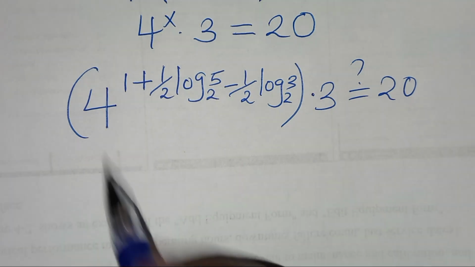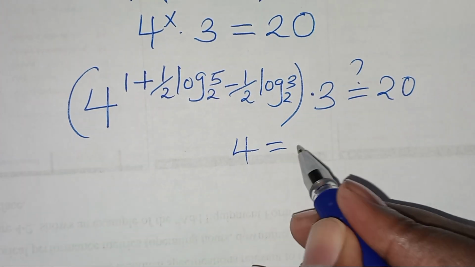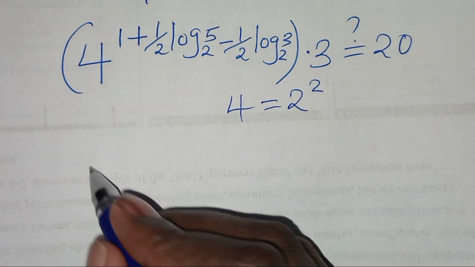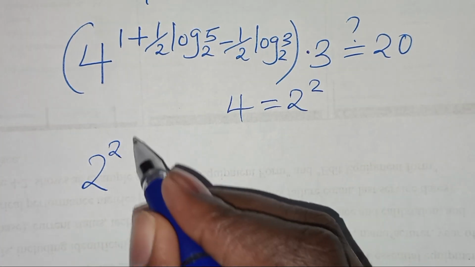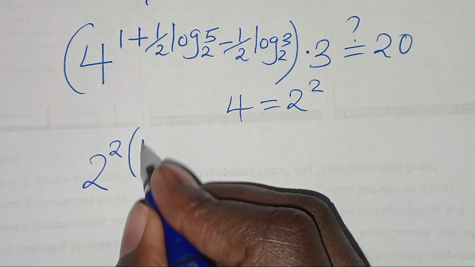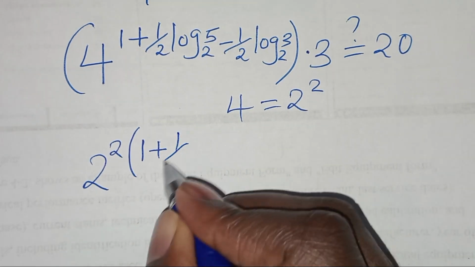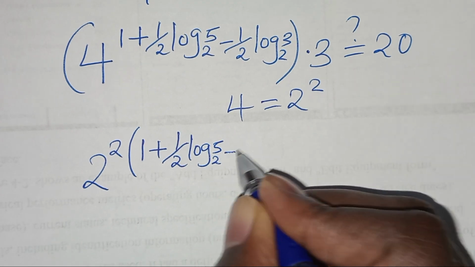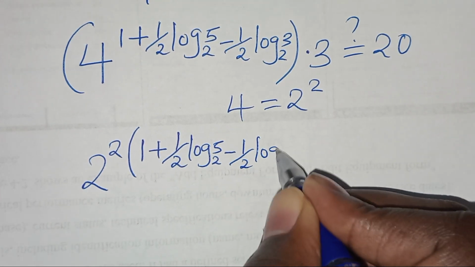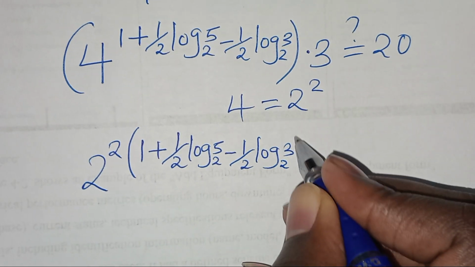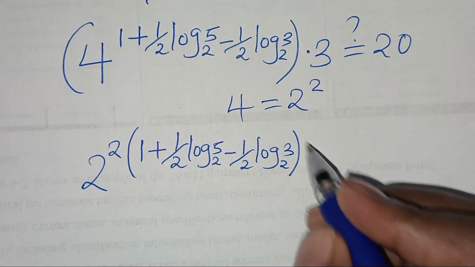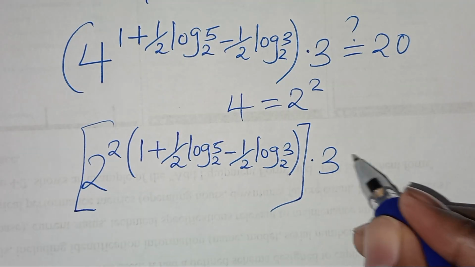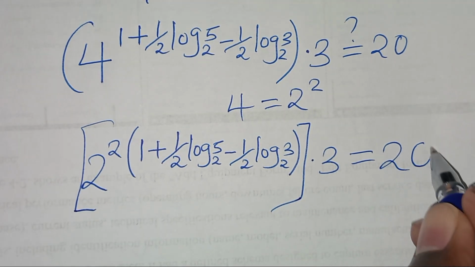Now, from here, we can express 4 as 2 to power 2. Substituting this, we have 2 to power 2 multiplied by 1 plus half log 5 to base 2, subtract half log 3 to base 2, close the bracket here, everything multiplied by 3. This is supposed to give us a value of 20.